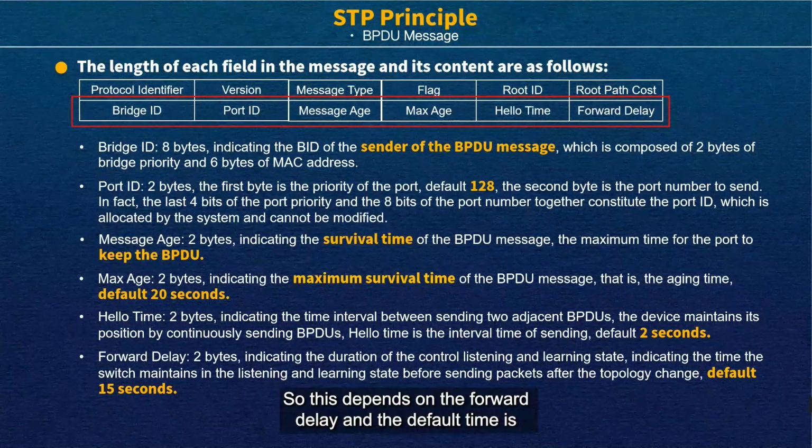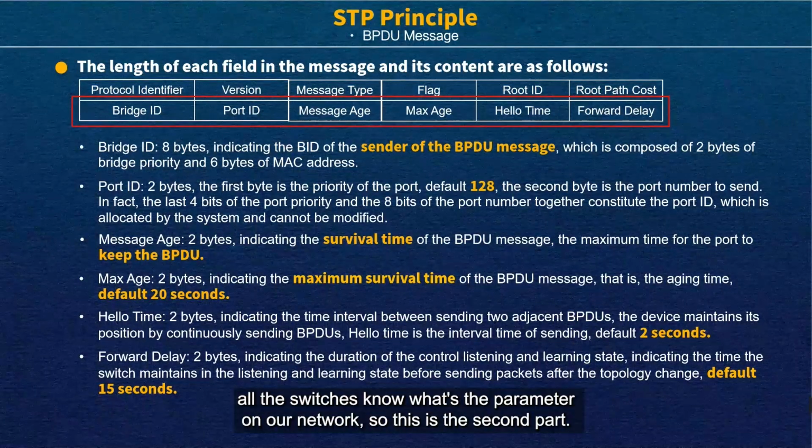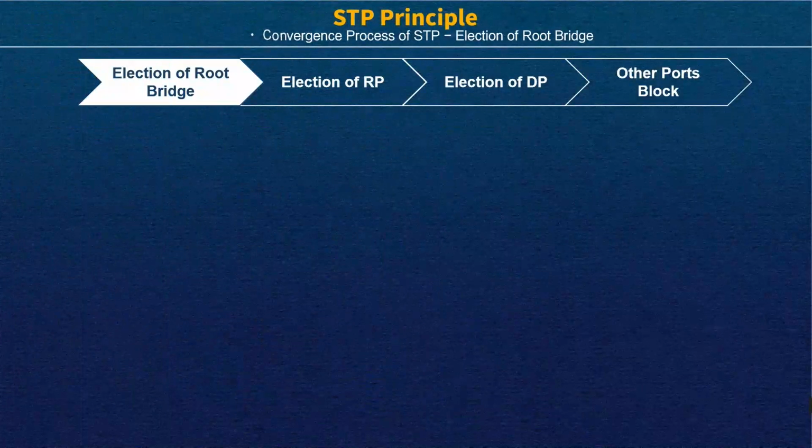So this depends on the forward delay, and the default time is 15 seconds. So when we send out the BPDU, we add lots of parameters to it to let all the switches know the parameters of our network.